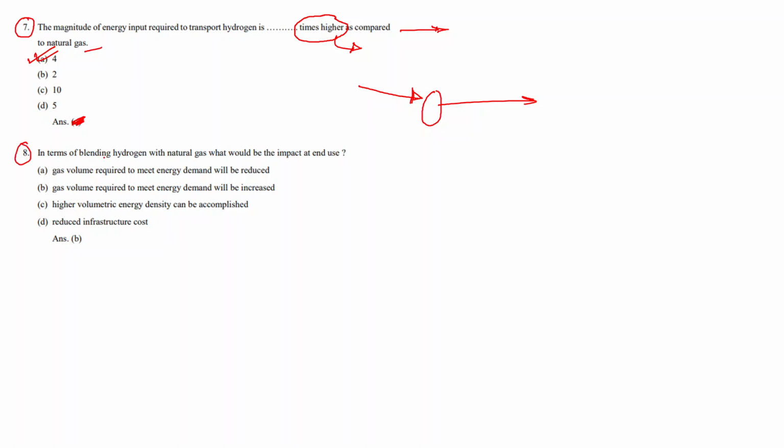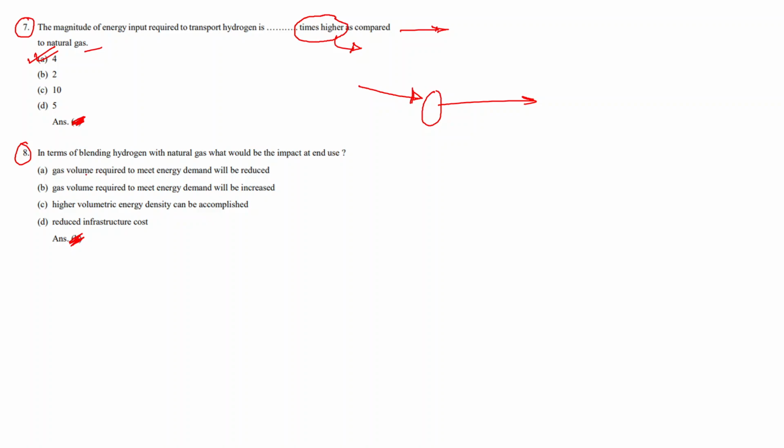In terms of blending hydrogen with natural gas, what would be the impact at end use? The gas volume required to meet energy demand will be reduced. The gas volume required to meet the energy demand will increase. High volumetric energy density can be accomplished. And reduced infrastructure cost.